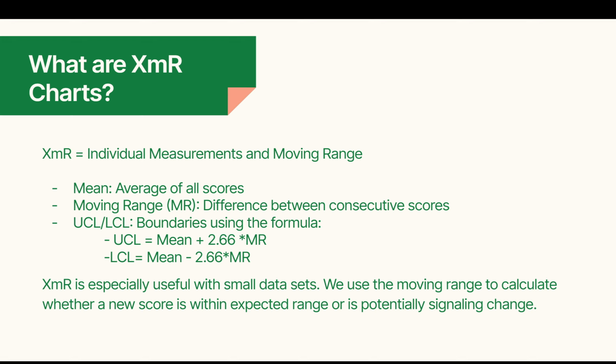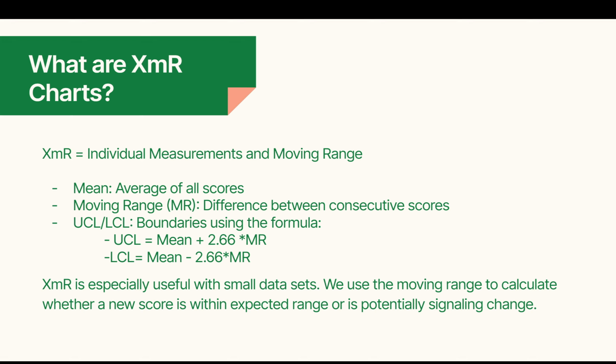What are XMR charts? So XMR is individual measurements and moving range. For this, we will need the mean, which is the average of all scores, the moving range, which is the difference between consecutive scores, and the UCL and the LCL values, which are the boundaries which we calculate using this formula. For UCL, we would need the mean, meaning the average of all the scores, and then we add 2.66 multiplied by the moving range mean.